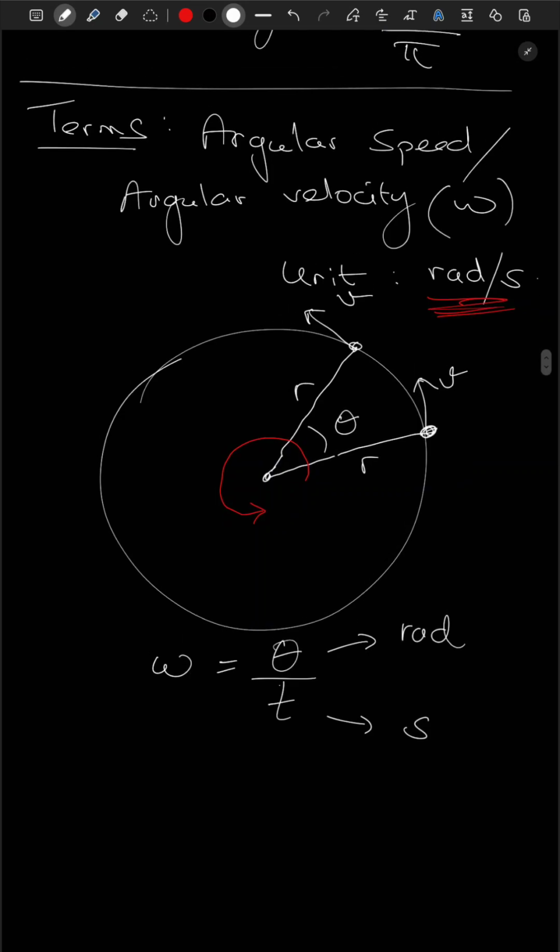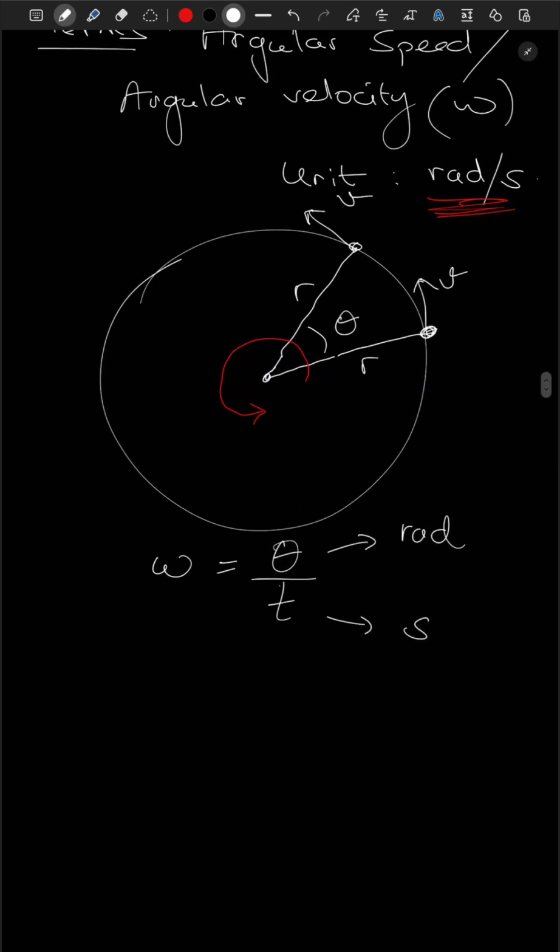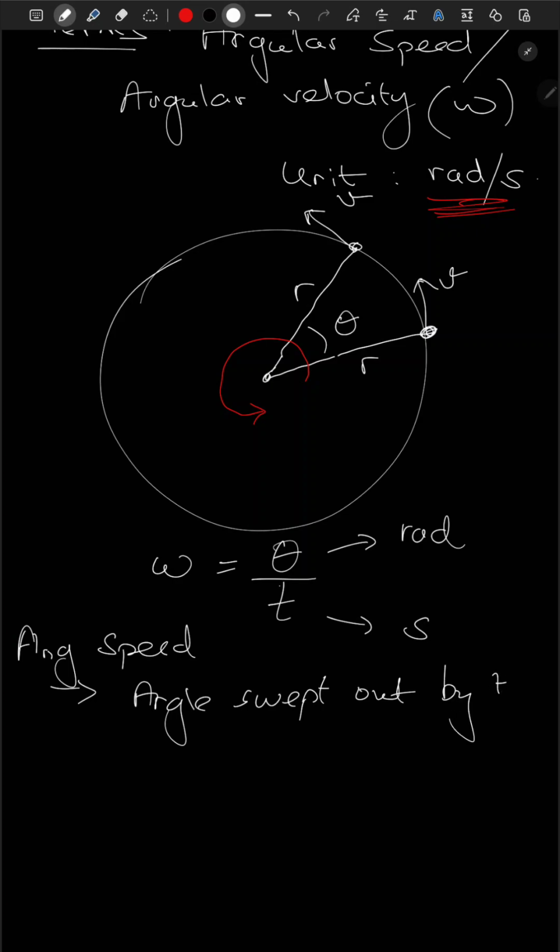So now to define the angular speed, it is defined as the angle swept out by the radius per unit time.